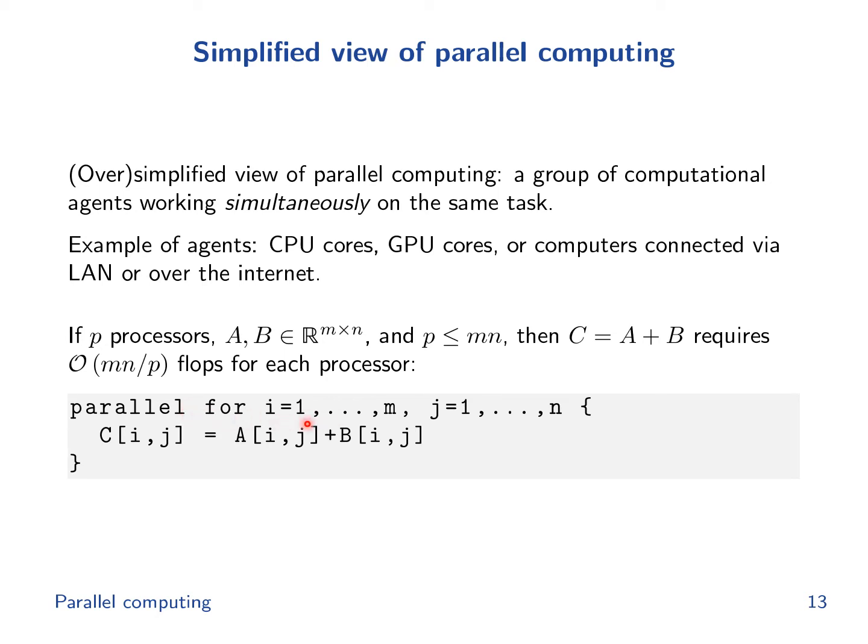For i equal to 1 through m, j equal to 1 through n, every entry Cij is equal to the sum of the corresponding entries. By parallel for, we mean that the result of every iteration does not depend on the results of any other iterations. Therefore, these steps can be carried out in parallel and in arbitrary order.